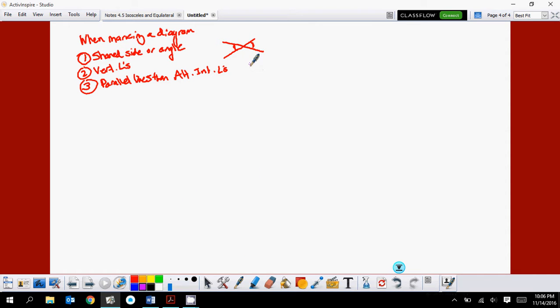So if I've got something like this, and I've got parallel sides here, these would be my alternate interior angles. Or, let's say I've got the same diagram, but I've moved my parallel sides. Well, now my alternate interior angles are in a slightly different location.